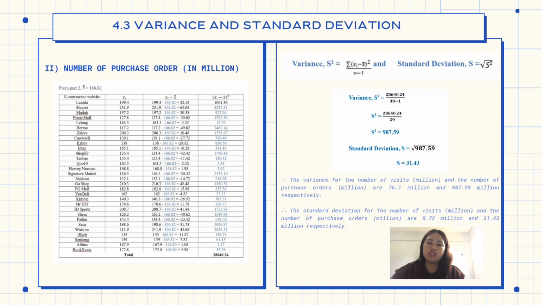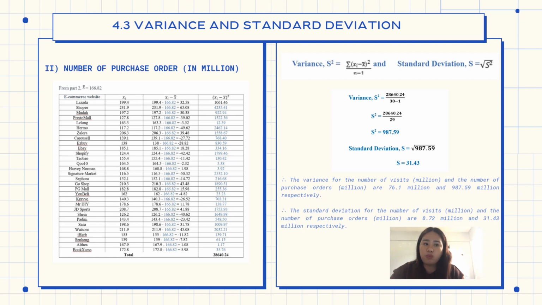For the standard deviation, the square root of 987.59 equals 31.43. In conclusion, the variances for the number of visits and the number of purchase orders are 76.1 million and 987.59 million respectively. The standard deviations are 8.72 million and 31.43 million respectively.